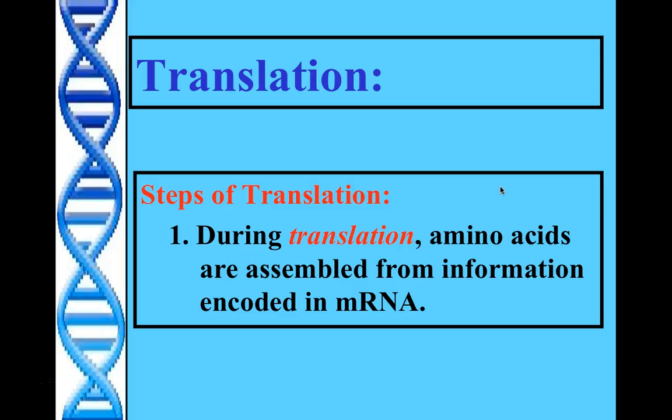Now that mRNA has left the nucleus and it's found itself in the ribosome. Transcription occurs in the nucleus. Translation occurs in the ribosome. So now we're in the ribosome.